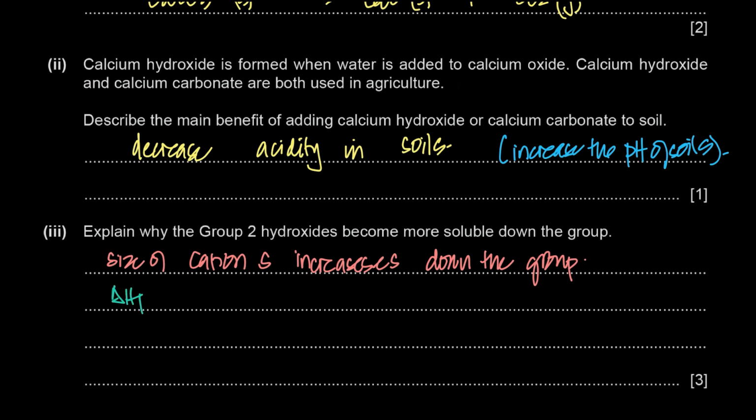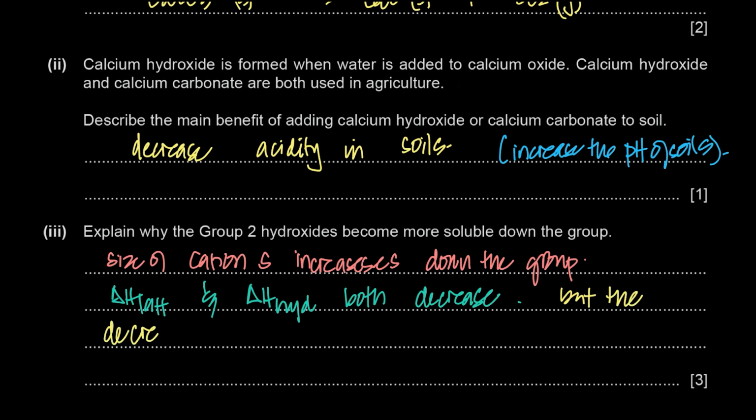So delta H lattice and delta H hydration both decrease. In chemistry, when we say decrease for energy, we mean the magnitude. Both decrease, but in this case, for solubilities of hydroxides, the decrease in delta H lattice is greater. In sulfates, the opposite: the decrease in hydration is greater.